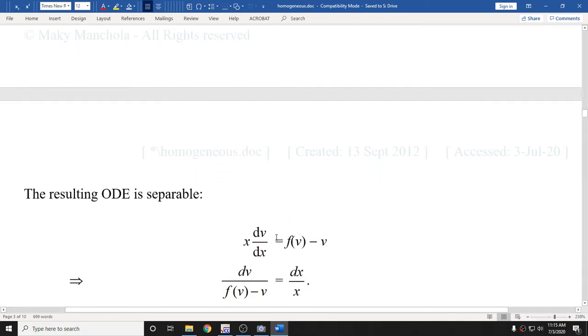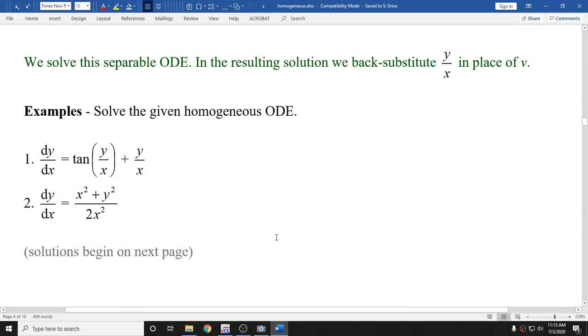Let's simplify. Solve the given homogeneous ordinary differential equation. In number 1, solve dy dx equals tangent of y over x plus y over x.